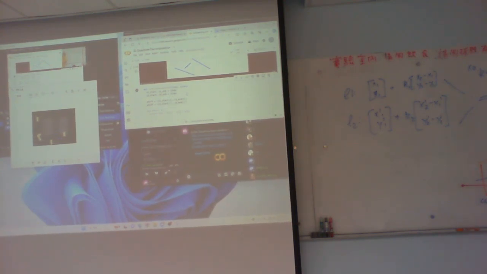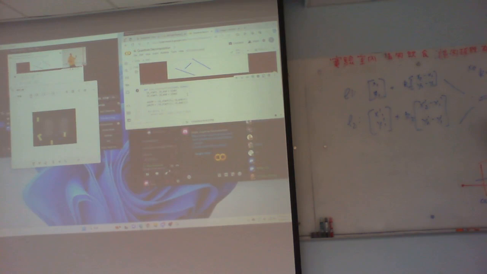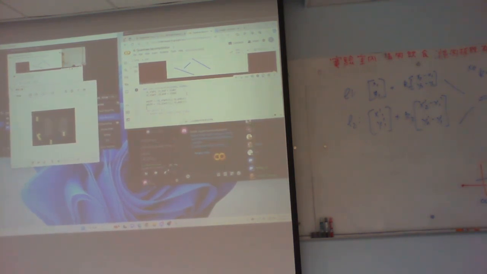Yes, we only have two equations, not four. Two equations, because this one will be combined with this one because we set them equal. So we have two equations with two unknowns. That makes more sense. So we get x1 minus x1 dash, and this one will be y1 minus y1 dash.